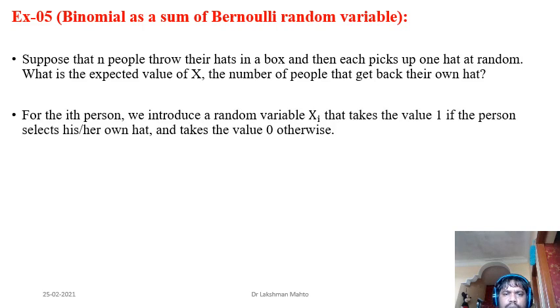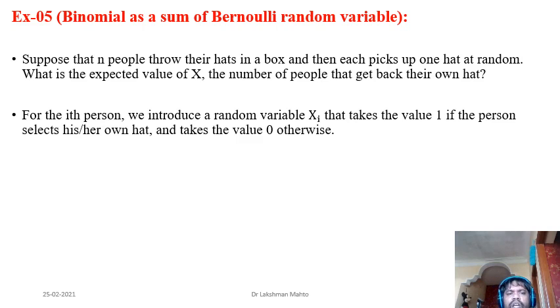So we have to find the expected value. In order to do that, first we need to introduce a Bernoulli random variable. For the ith person, we introduce a Bernoulli random variable Xi. Xi takes value 1 if the ith person gets his or her own hat. If the ith person does not get his or her own hat, then Xi takes value 0.